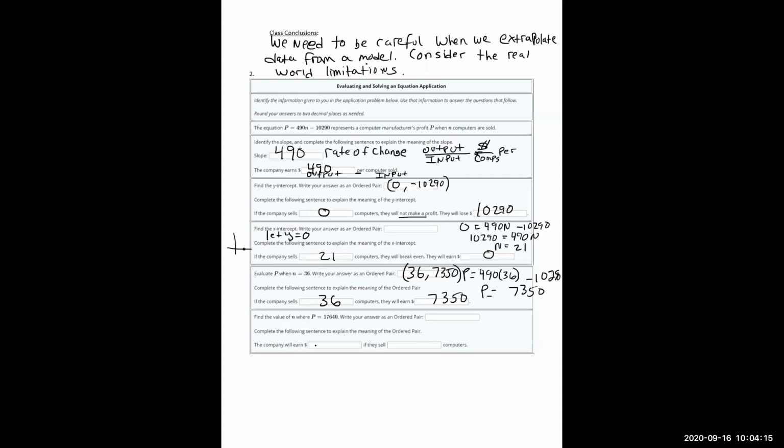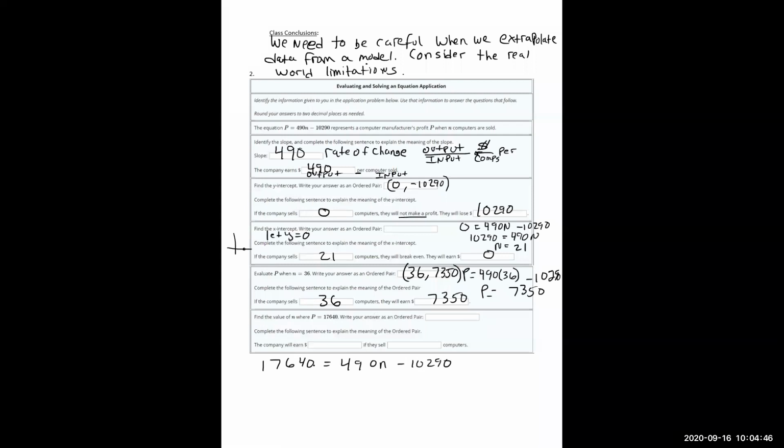Okay, now there's another way we can look at this. We can say, all right, I want to make a certain amount of profit. How much do I need to sell? So that's in this part here, finding the value of n when profit is equal to 17,640. So this is a P value, so 17,640 is equal to 490n minus 10,290.